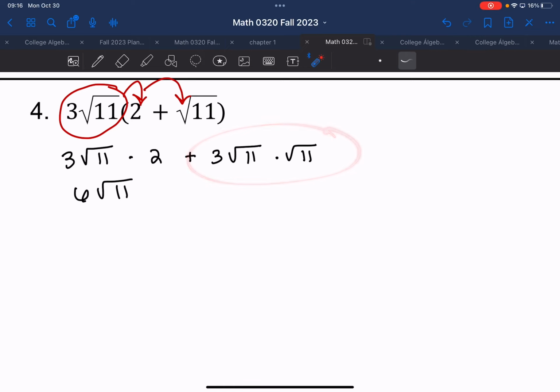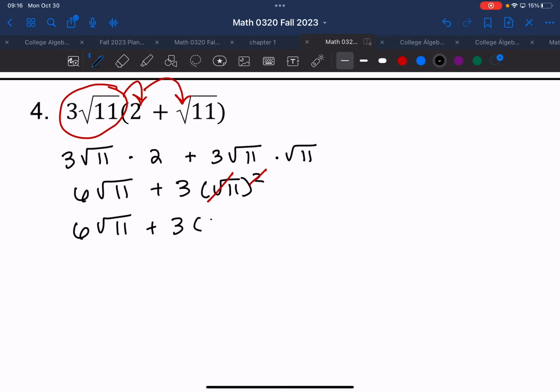If we have 2 square roots of 11, that's the same as writing the square root of 11 squared. So plus 3 square roots of 11 squared. And like you were saying, since we have the square and the square root, these end up canceling out. So we have 6 square roots of 11 plus 3 times 11. Okay. And what's 3 times 11? 33. So we have 6 square roots of 11 plus 33.